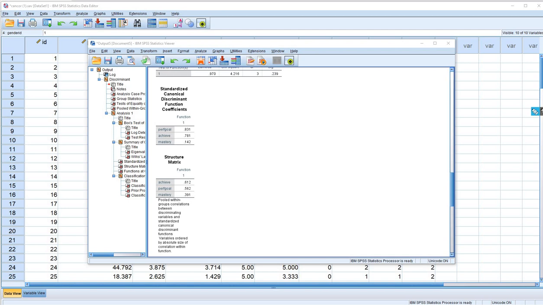But just in the interest of further describing what these coefficients are, we'll just go ahead and look at, first off, the standardized canonical discriminant function coefficients. These are analogous to beta coefficients in the context of multiple regression.